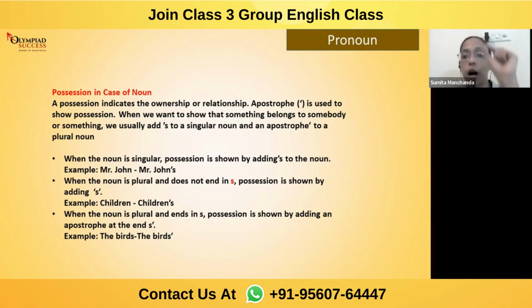I'm going to use apostrophe S. Why? Because I'm talking about one girl and her name is Navya. But as there is a belonging, the car belongs to her, I'm going to say apostrophe S. Apostrophe S is always used for singular nouns.